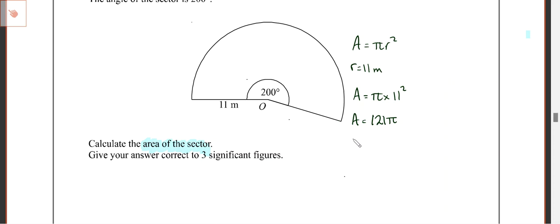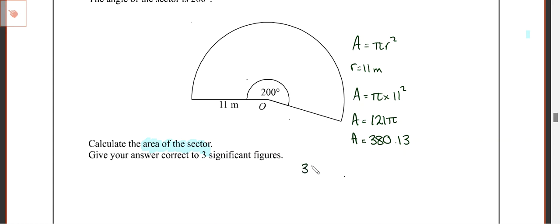Let's do it. Tell me what 121 times pi is. 380. 380.13. I want 3 significant figures, so I need at least 4, and I'm okay with 5. Alright, what's the fraction of the entire circle?